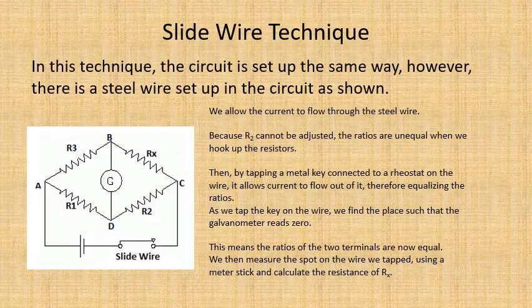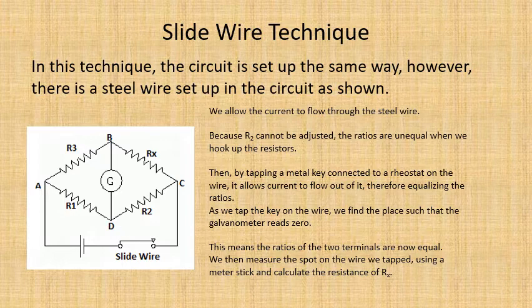Now, what we're going to be using in the lab is a slide wire in which we replace two of the resistors with the wire. And that's acceptable because, if you remember, the resistance is the resistivity times the length over the cross-sectional area.